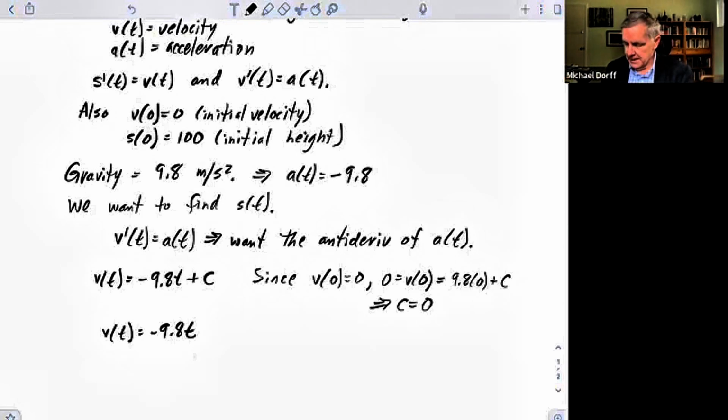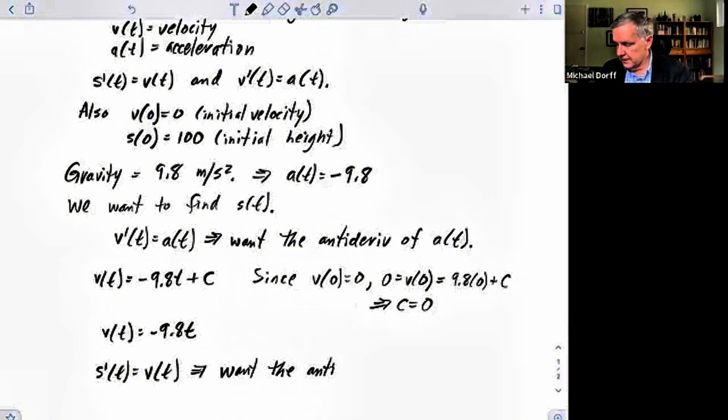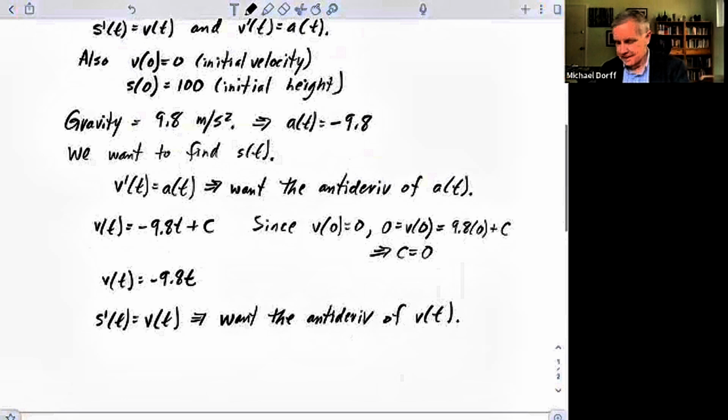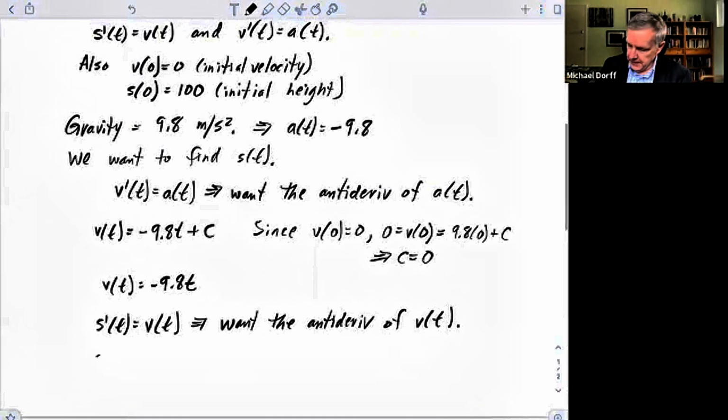All right, now we want to find S of t. So we're going to use the same idea that the derivative of S of t equals the velocity, and we want the antiderivative of V of t. Again, that's why we're doing this type of problem in this section. So S of t is going to be the antiderivative of V. V was negative 9.8 t.